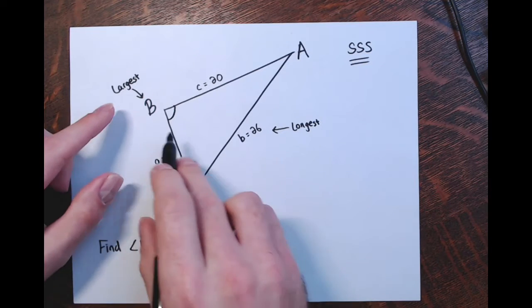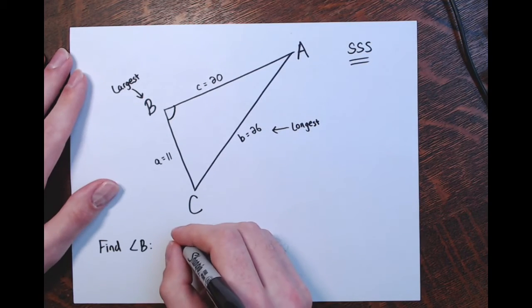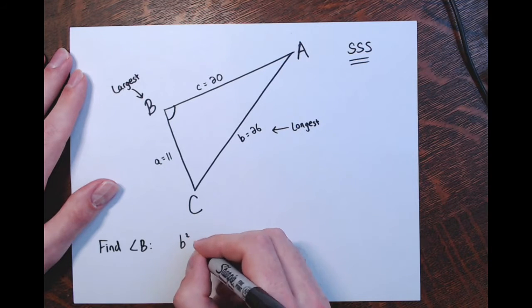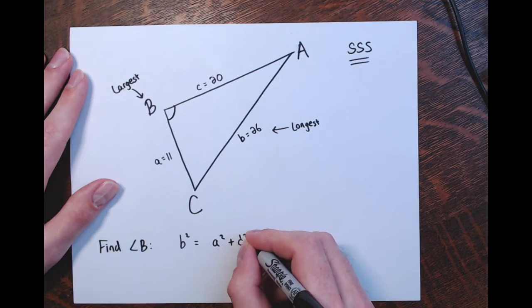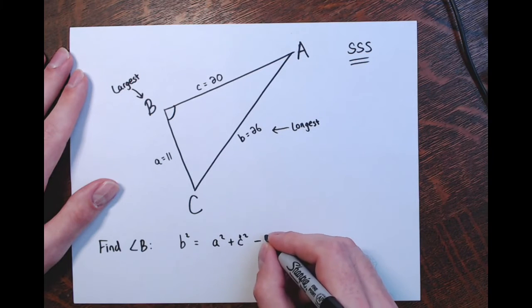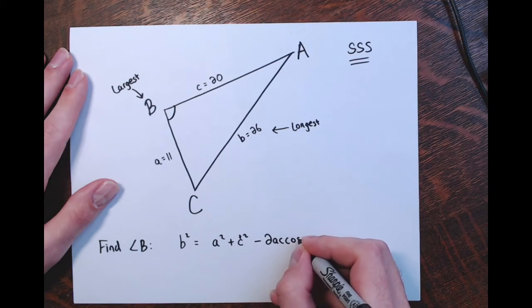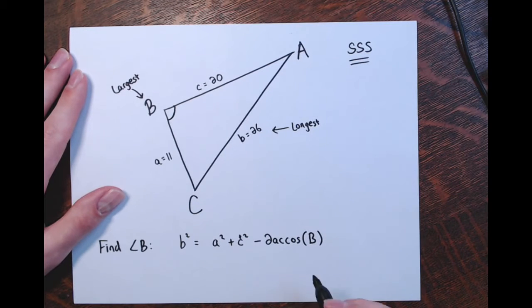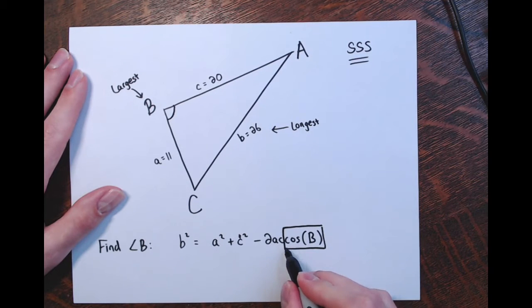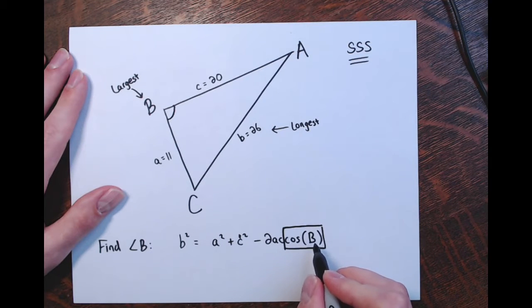Now if I'm involving angle B, I'm going to use this version with little b squared equals a squared plus c squared minus 2ac times the cosine of angle B. You've seen me do this in the previous video. If I want to solve for angle B, I'm going to want to get this cosine of B alone.